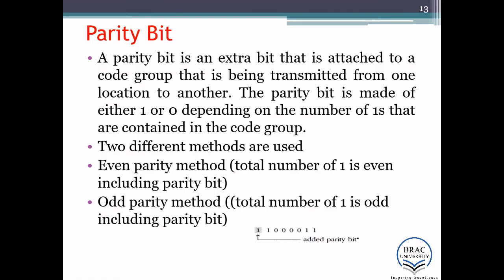Odd parity method: the total number of 1s is odd including the parity bit. So you have an example here. If you count the number of 1s, 1, 2, 3, 4 including the parity bit, it is called even parity because the number of 1s is 4, which is even. If odd, then it is called odd parity.